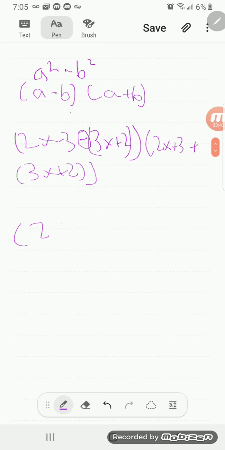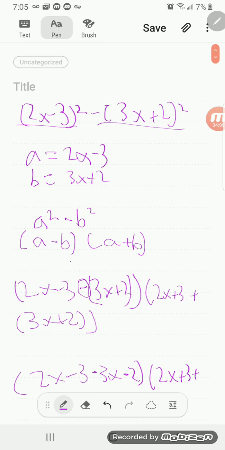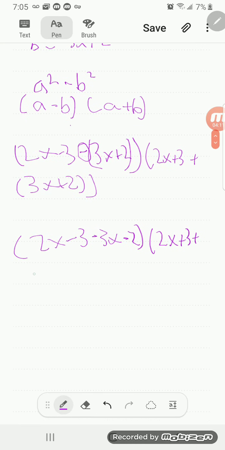So that means 2x minus 3, minus, the minus stays the same, 3x, it's not going to be plus 2, it's going to be minus 2, since if you have a negative, it changes everything to the right of that negative into the opposite sign. And if it has a positive in front, it's going to stay the same. So 2x minus 3 plus 3x plus 2. Put that in parentheses.